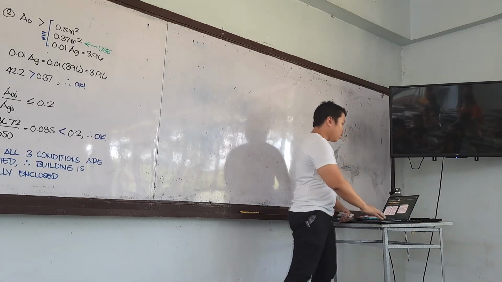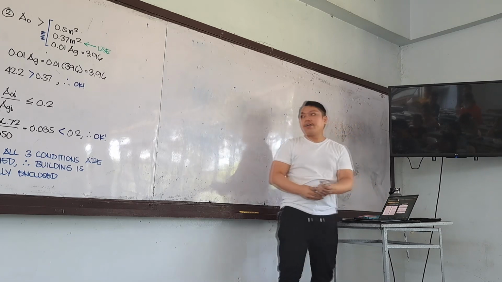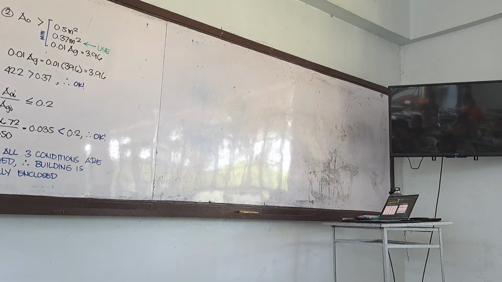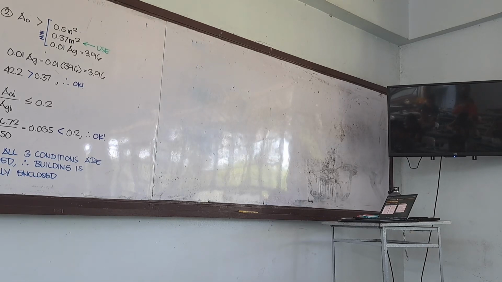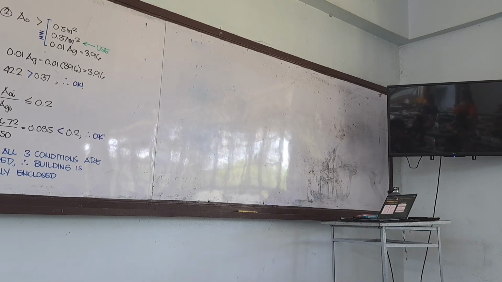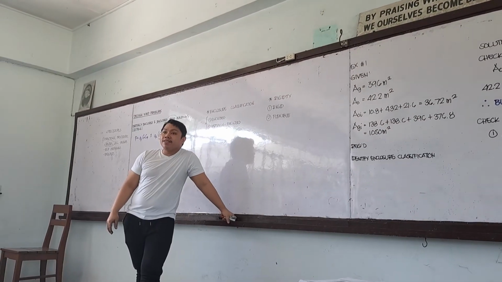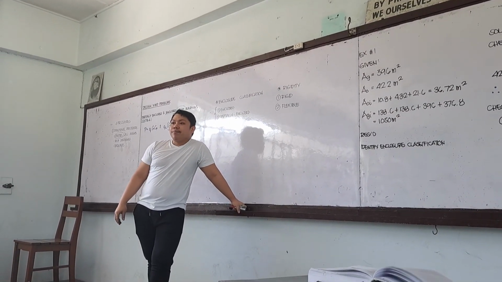Okay. So, recall from your Theory 1, how can you identify if the building is rigid or flexible? If the frequency is greater than 1, is it rigid or flexible? Rigid, greater than 1. If less than 1, that is a flexible building.